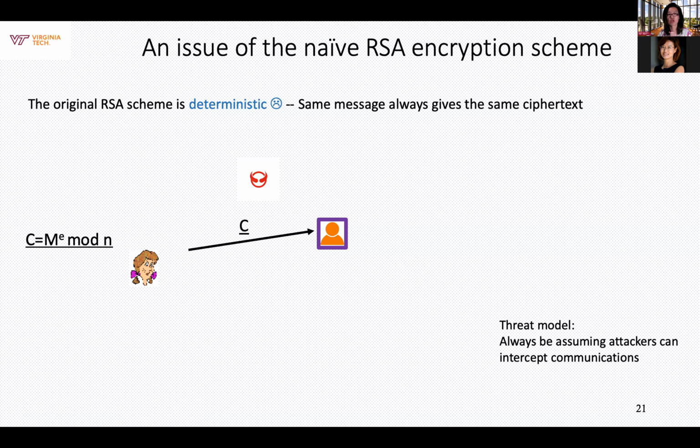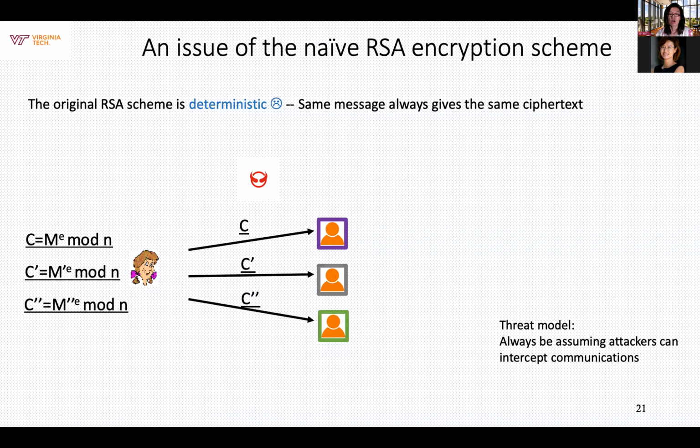One is that it's deterministic. That means if you have the same message, you always get back the same ciphertext, right? You raise to the power of E, and if M is the same and E is the same, then you get the same C. It's bad because if you have an attacker who is able to intercept traffic, and for network communication we always assume attackers can intercept traffic, observing C, C prime, and if all of them are the same, the attacker can assume that the messages are the same.